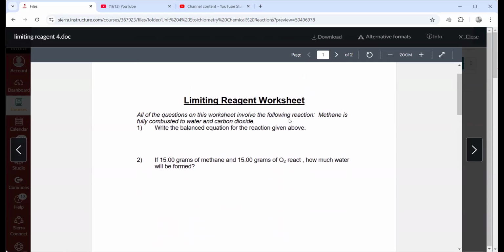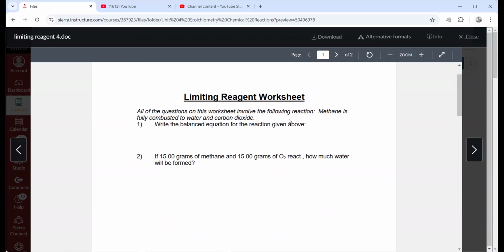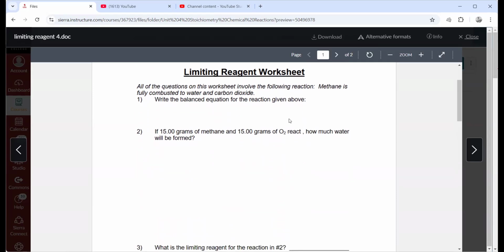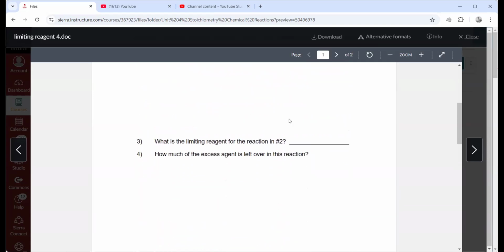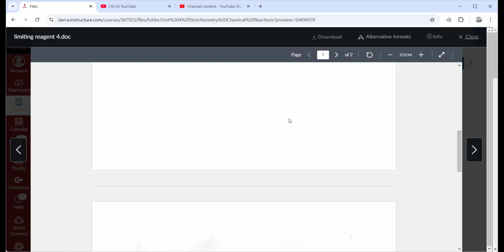Methane is fully combusted to water and carbon dioxide. That's what we've been doing all day today. That's the equation. Balance it. 15 grams of methane and 15 grams of oxygen react. 2 givens. What's the limiting reactant? How much excess reagent is left over?